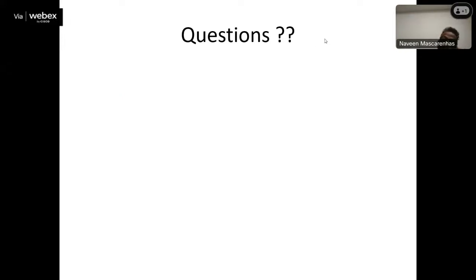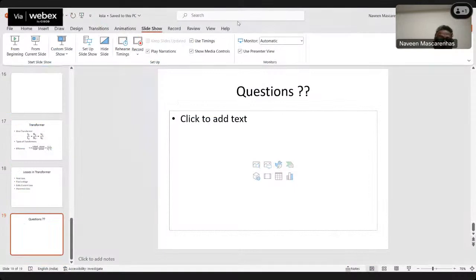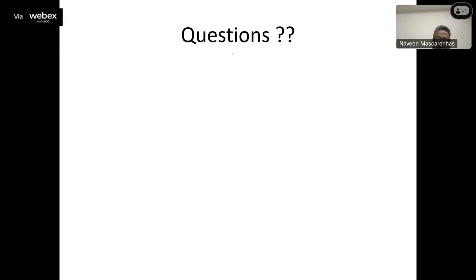Suppose I ask you now, if V is equal to V naught sine omega t plus pi by 4 is the applied voltage through R, write the expression for current.